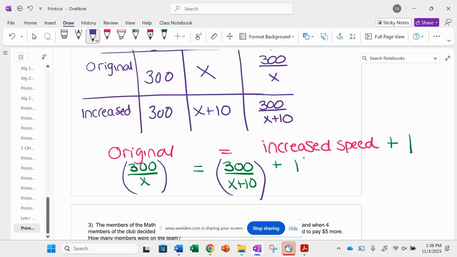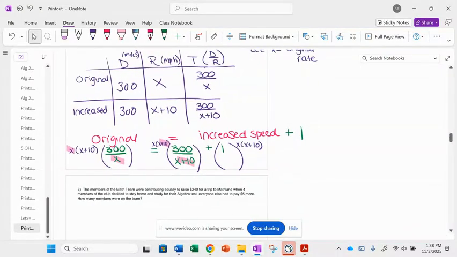And how do we eliminate the denominator? Multiply everything by the LCD. And what is the LCD here? X times X plus 10. So here the X's cancel. Here the X plus 10 cancels. So I will bring it up here.